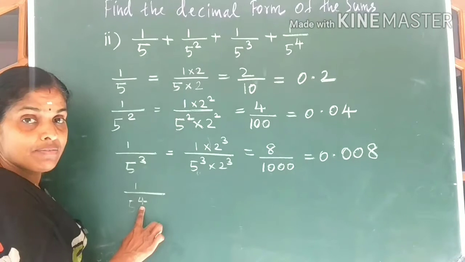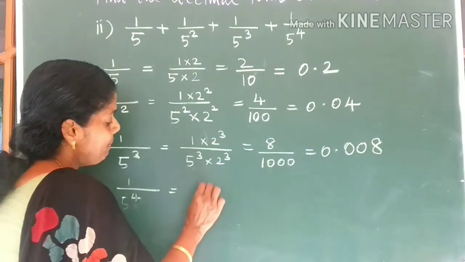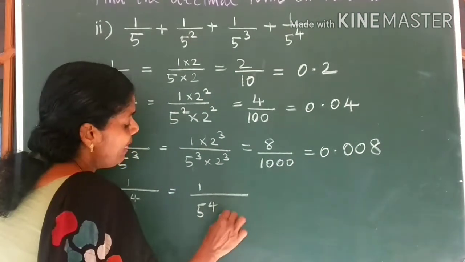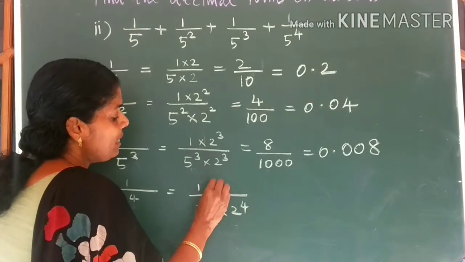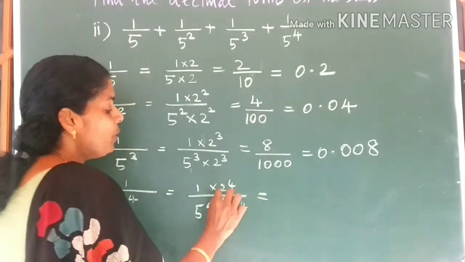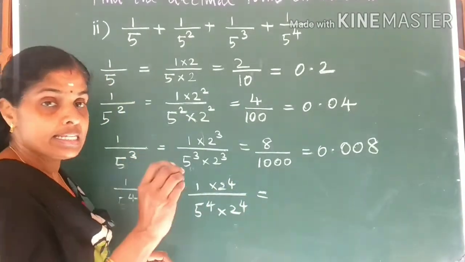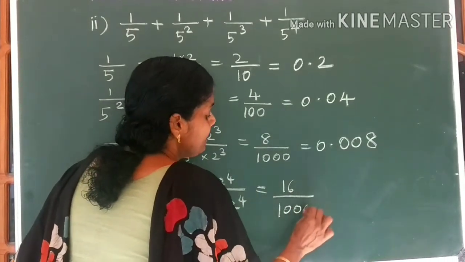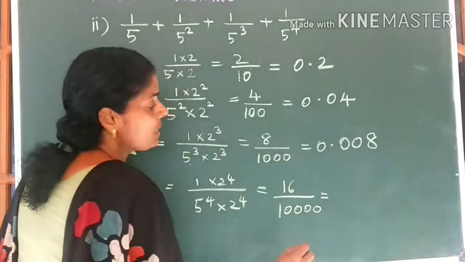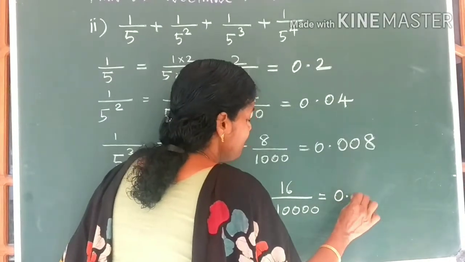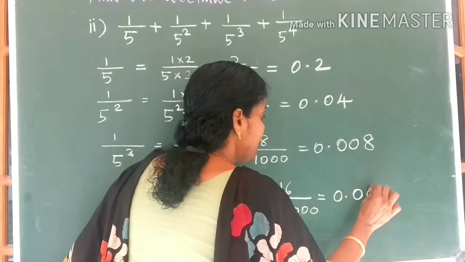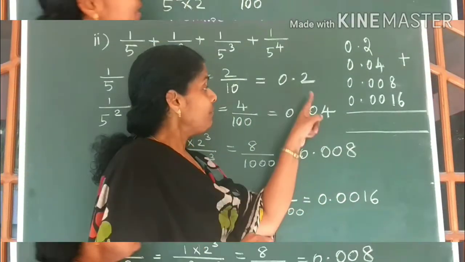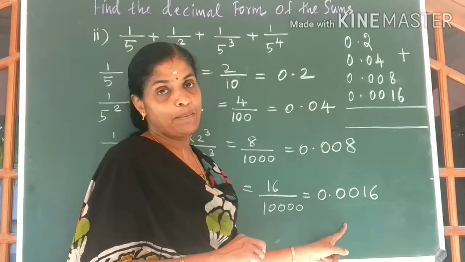Last one, 5 raised to 4. So multiply the numerator and denominator by 2 raised to 4. What is 2 raised to 4? 16. So you get 16 divided by 10,000, which is equal to 0.0016. We have to add all these numbers.